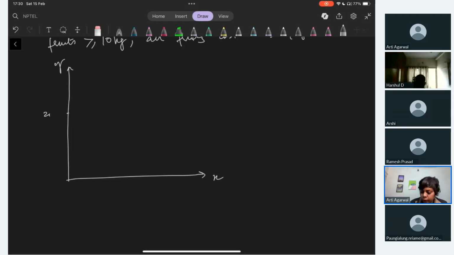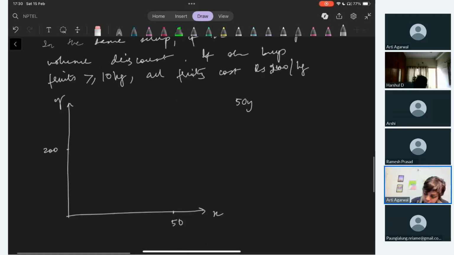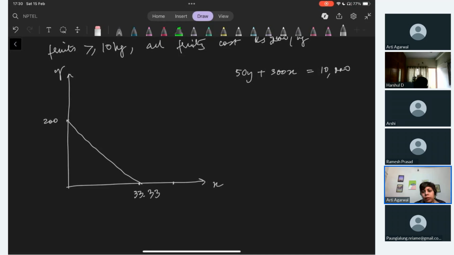The original equation was 50y plus 300x is equal to 10,000. This was the original equation, right? For this, we got, sorry, not 50. This is 33.3. Okay, so in this setup, this is your budget line, right?